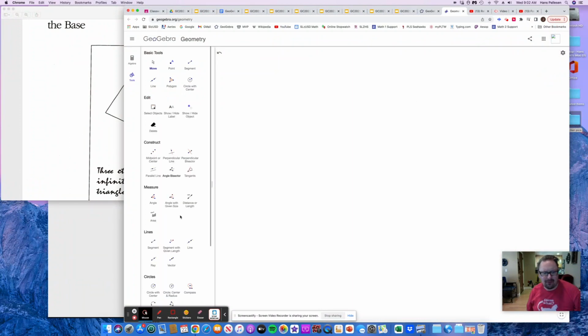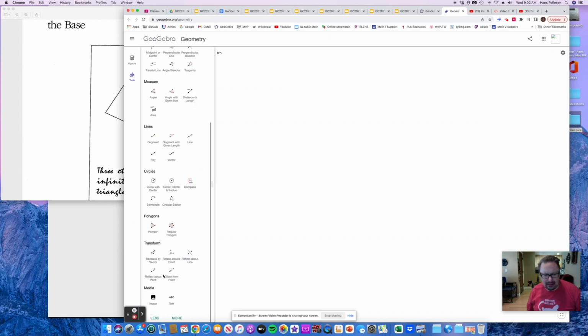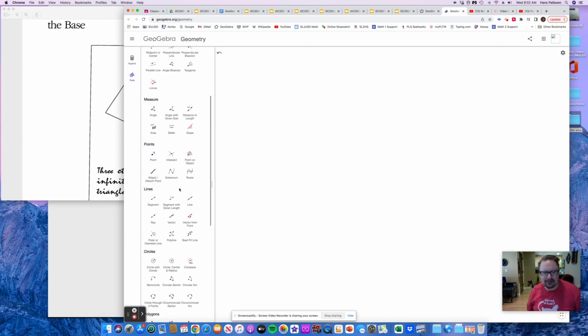And then we'll add more tools and more tools. Okay, so our segment, we're going to go from A to B, and we can really make this segment as long or short as we want.